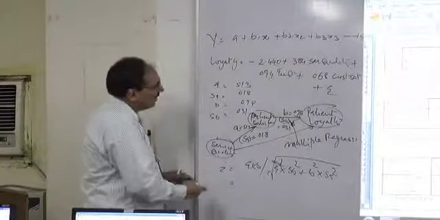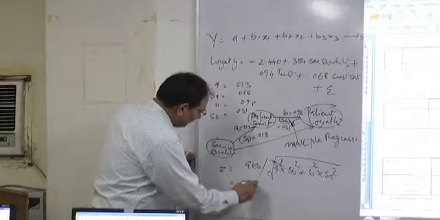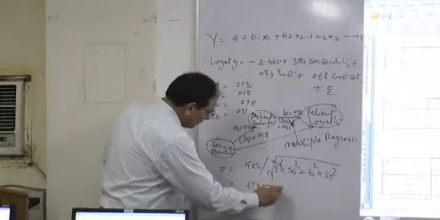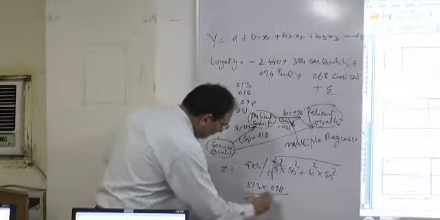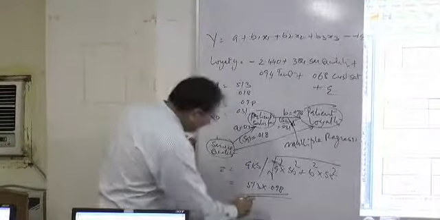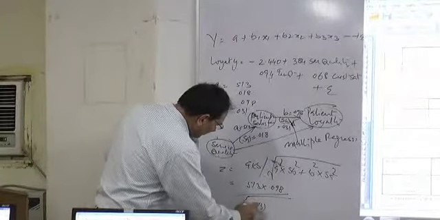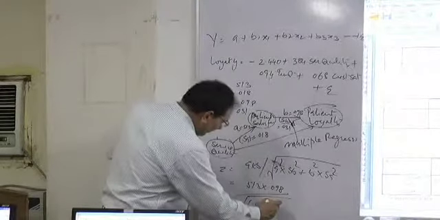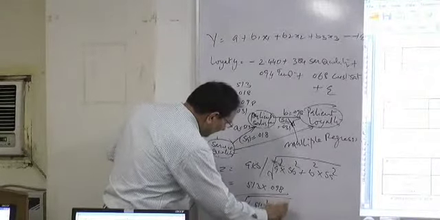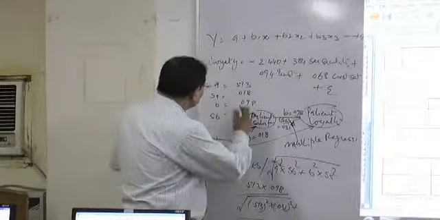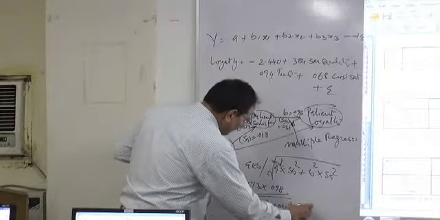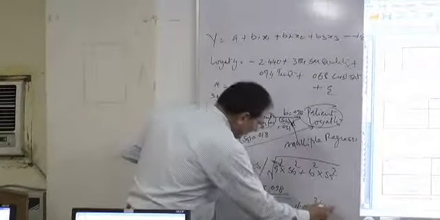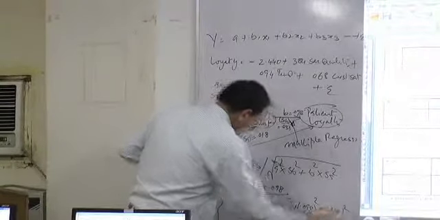That's it. What is A? 0.513 multiplied by B, 0.098, divided by the square root of A squared, that means 0.513 squared, multiplied by SB, which is 0.031 squared, plus B squared, 0.098 squared, multiplied by SA squared, 0.018 squared.